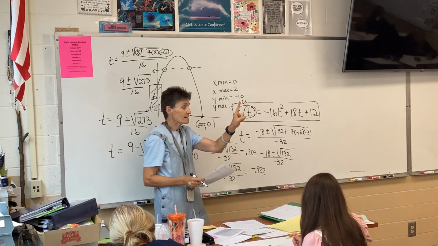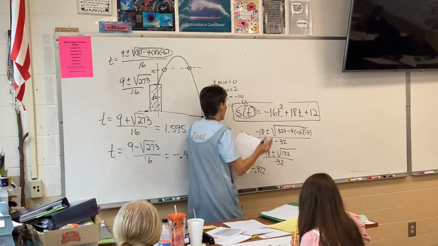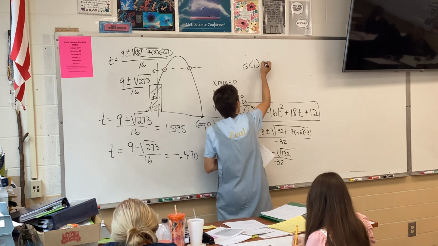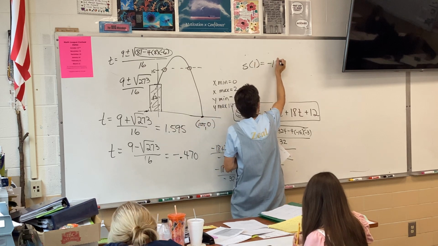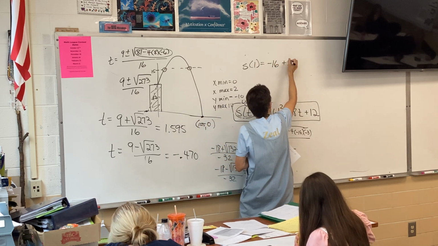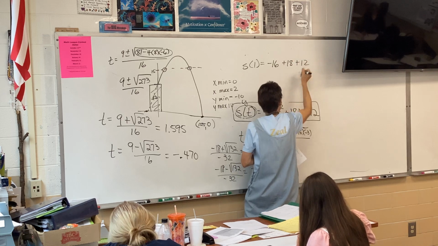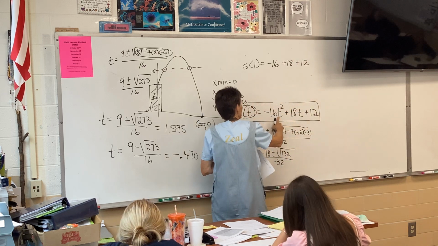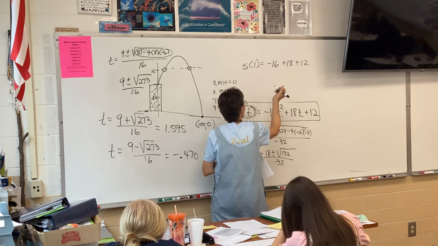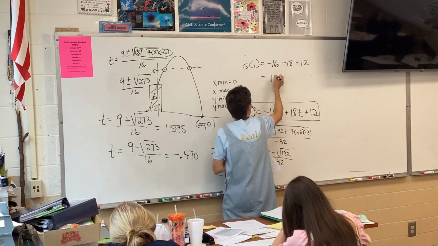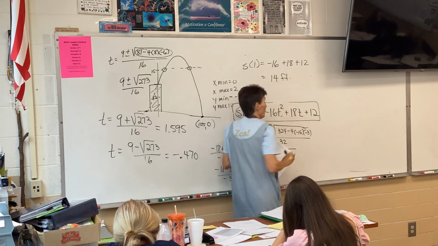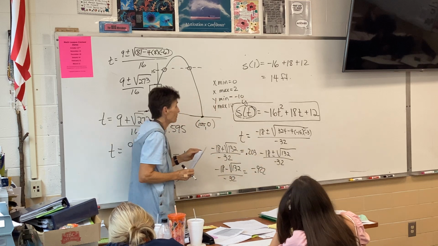They said 1 second, so you're gonna put it in for time. So after 1 second, you have negative 16 plus 18 plus 12, because 1 squared is 1 and 1 times 1 is 1. So it looks like it's 14 feet above the ground after 1 second.